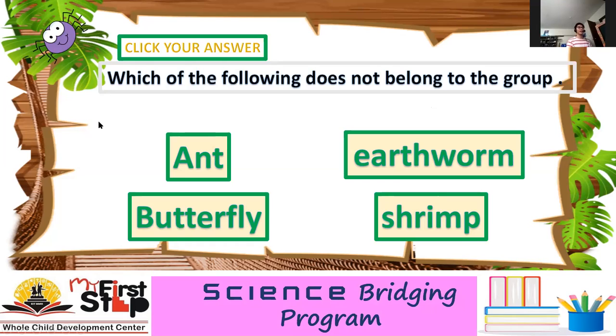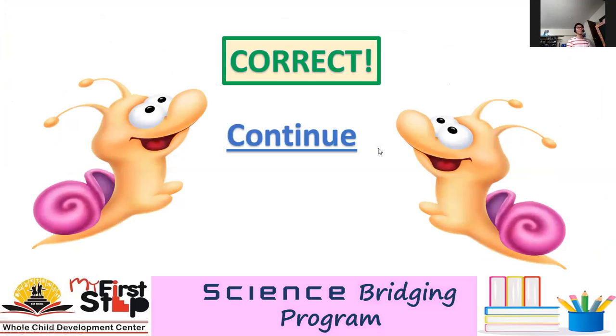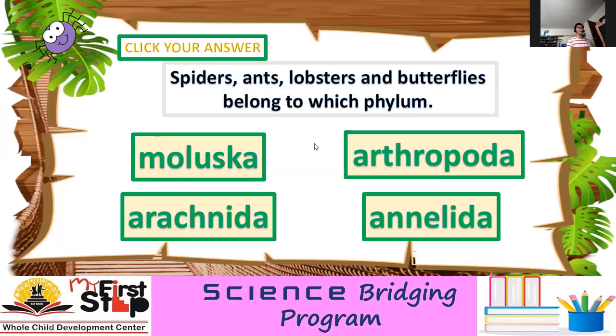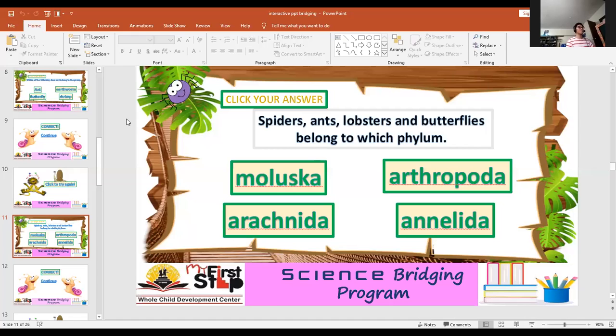But ant and butterfly are insects, and shrimp belong to the subphylum of crustaceans. And the correct answer here is earthworm. Okay, that's an example.